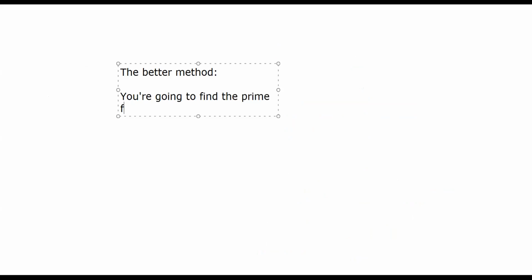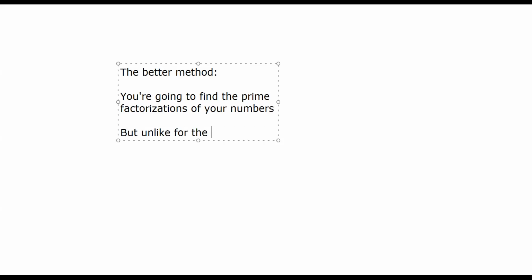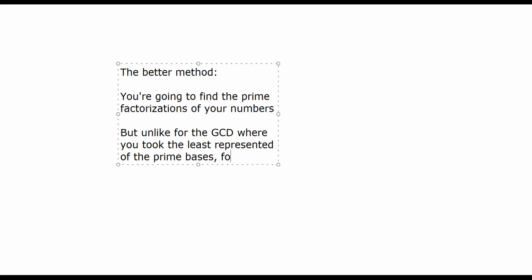So the better method, you're going to find the prime factorizations of the numbers you're trying to find the LCM of. But unlike for the GCD, where you took the least represented of the prime bases, for the LCM, you take the most represented.